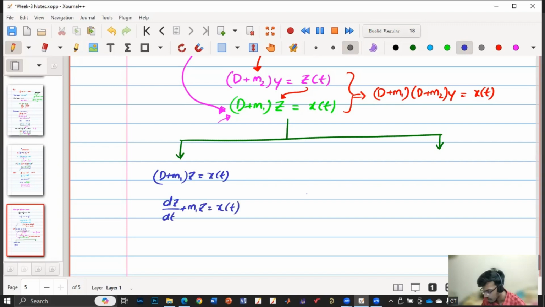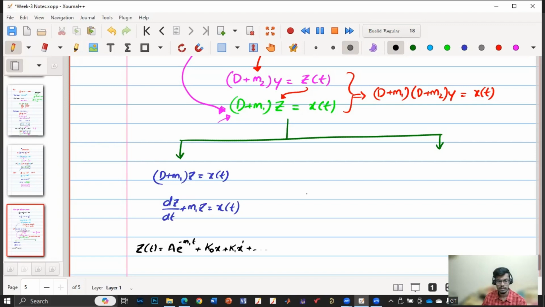Can you tell me the generalized solution for z of t if this kind of linear equation exists? We have studied it: a constant a into e to the power minus m1t plus k0x plus k1x dash plus, and so on, right?